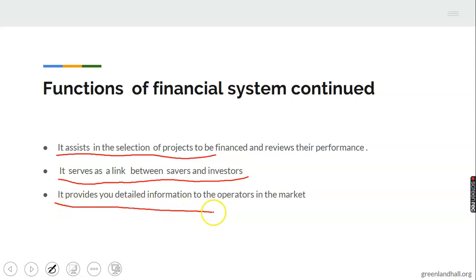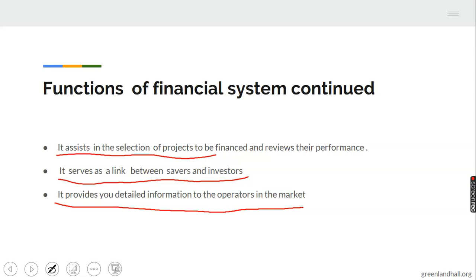Also, it provides detailed information to the operators in the market, that is the investors and the savers, or those that are having their funds and those that want to make use of those funds and invest them.